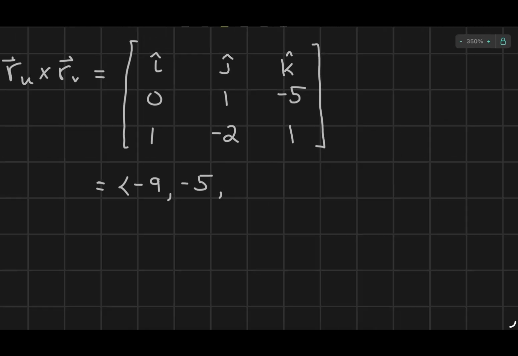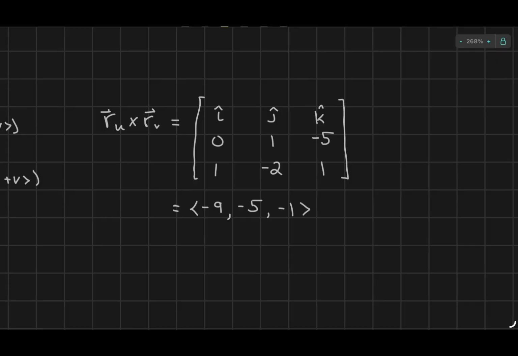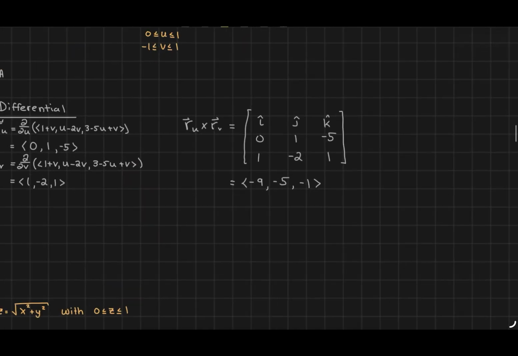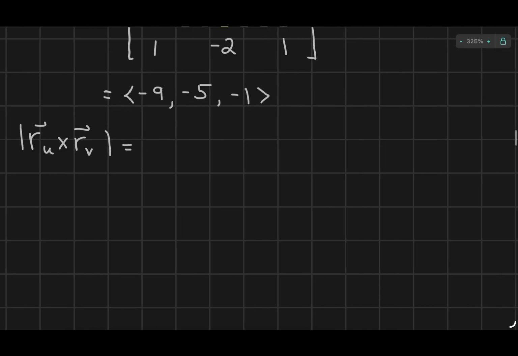And as for our k component, that's going to be 0 times negative 2. That's going to be 0 minus 1 times 1, so that's just going to be negative 1. So that is our r sub u cross r sub v. So now let's go ahead and take the magnitude here, which is going to be the square root of all of these individual components squared and summed.